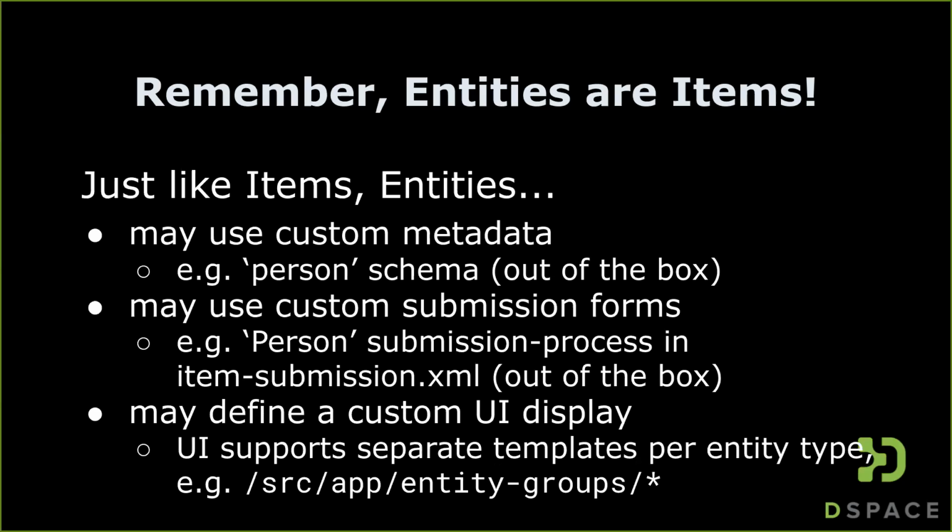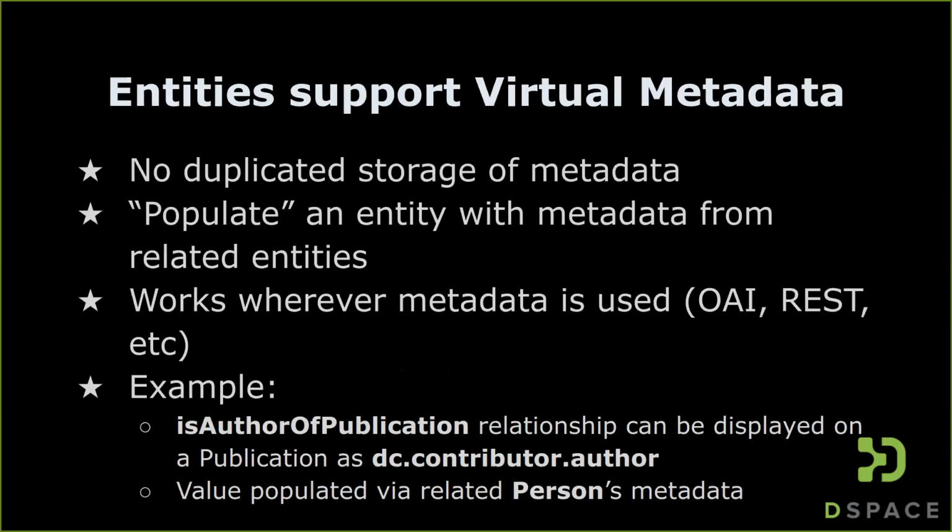And they can also appear differently. You saw that already in the demo and the user interface, that different sorts of user interface display occur based on the entity type. And while the schemas and the configurations are out of the box, they're disabled and not used by default. So if you want to use them, they're there for you as sort of templates, but you don't have to use them.